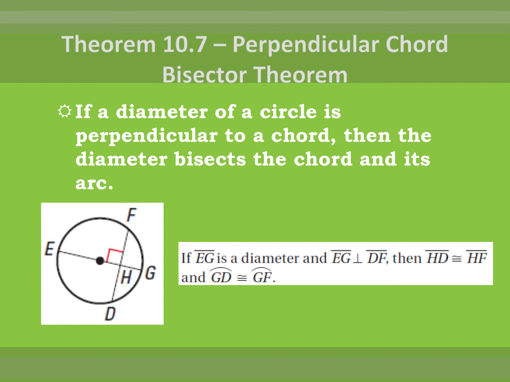So here, if EG is the diameter in this picture, and if EG is perpendicular to the chord DF, then that tells me that HD, this little piece here, will be congruent to HF, and the arc measures are also going to be congruent. So FG or GF would be congruent to the GD or the DG. So these would be congruent arcs here.